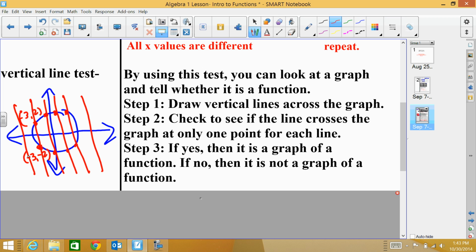So if you do the vertical line test and you draw your vertical lines, and the line crosses through the graph more than once, then that is not a function. If yes, then the graph is a function if it only crosses through 1 point. If no, if it crosses through more than 1 point, it is not a function.